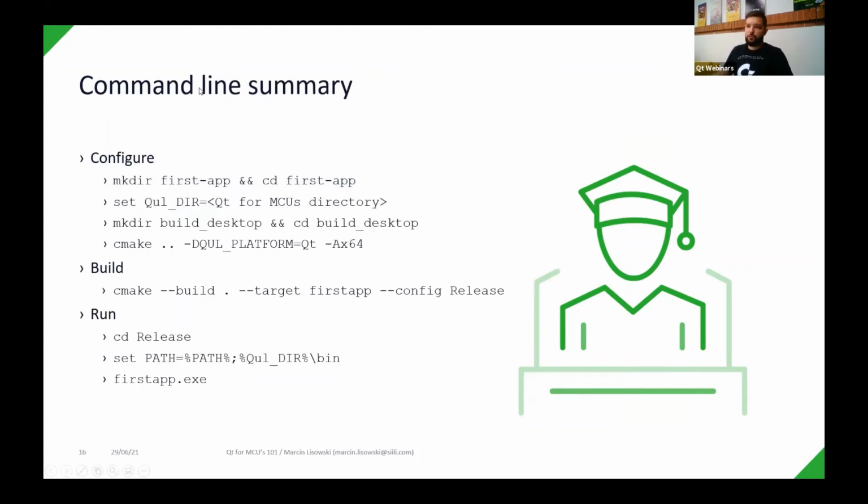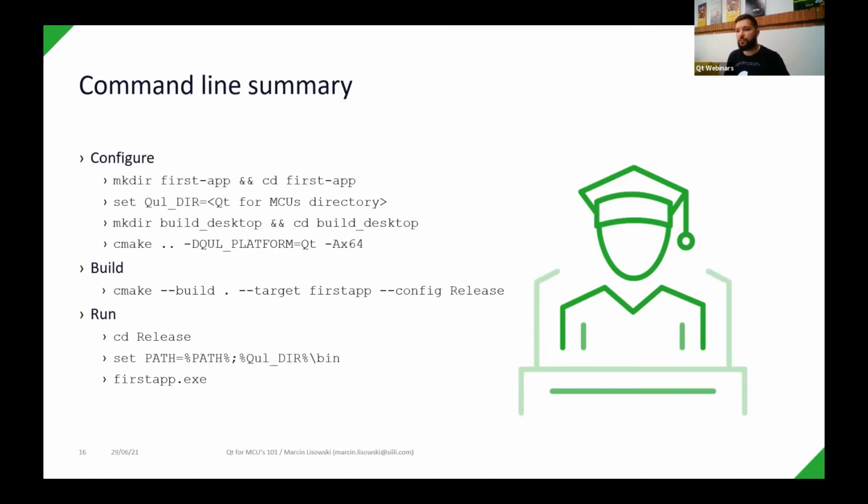So to configure your command line setup, you have to, of course, create a separate directory for your application where you will hold your QML files and CMake configuration. You have to define the QDIR environment variable to tell your operating system and Qt for MCUs where the files from Qt for MCUs are located.